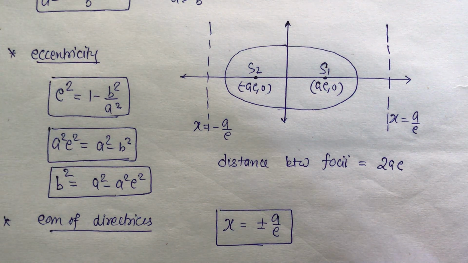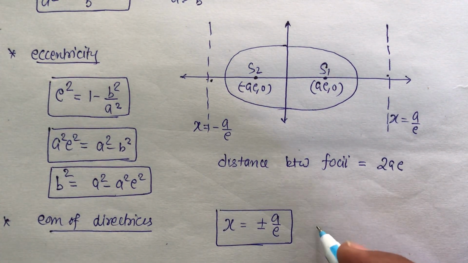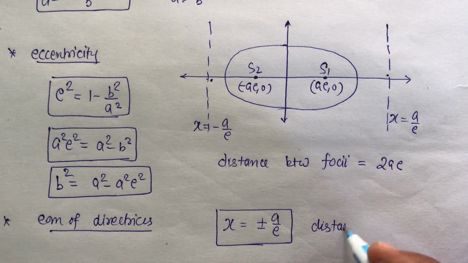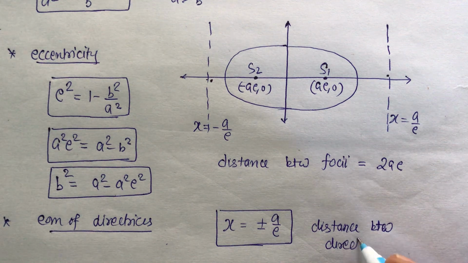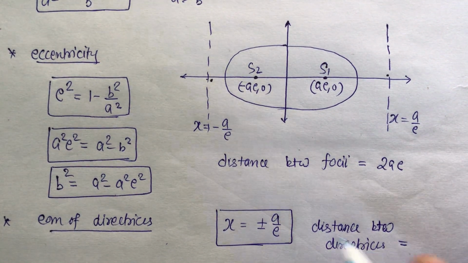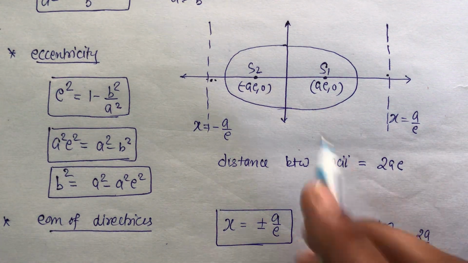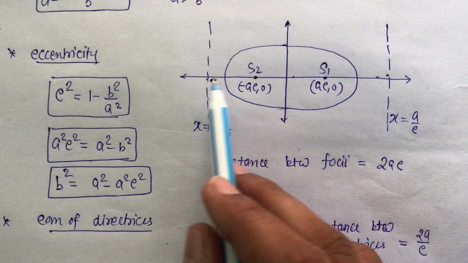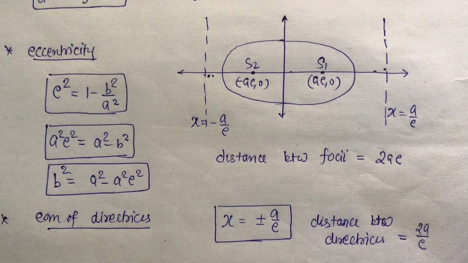So the distance between the directrices is equal to 2a by e, because this much distance is a by e, this much distance is also a by e, so 2a by e.